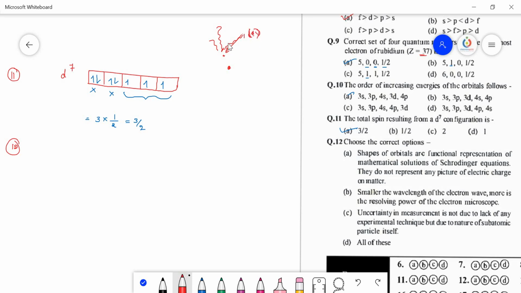In such cases, when you put the light, the electron gains energy from the light and starts revolving, so you cannot point out the electron's position. If you want to point out the electron's position, the electron should not revolve around the nucleus, so you should not put the light. So according to Heisenberg, it becomes difficult to find both the position and the speed of the electron simultaneously. So all options are correct. Option D is correct for this question.